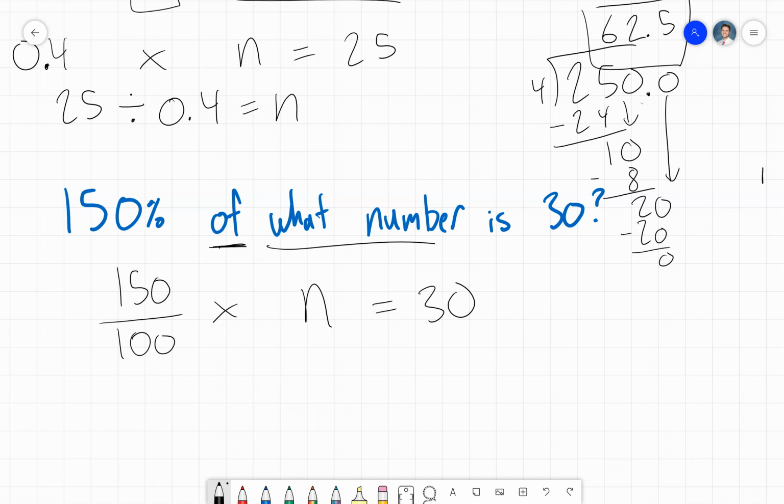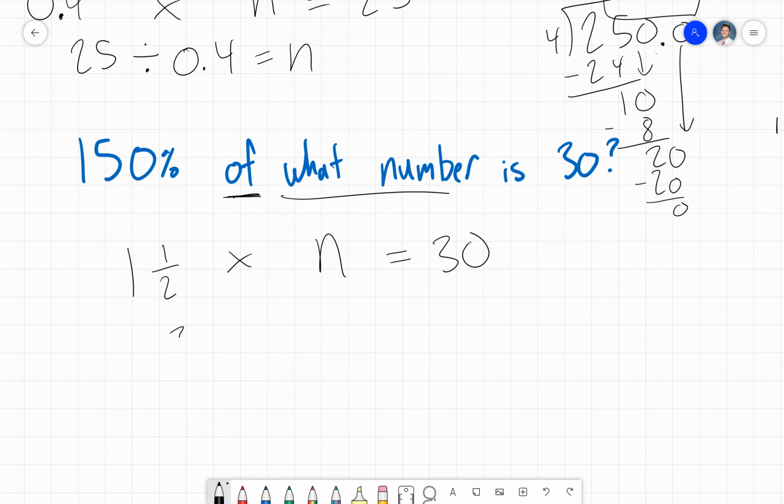Now we could rewrite 150 hundredths as 1 and 50 hundredths, which you could simplify to 1 and a half. Now actually, for the sake of this problem, it'll be easier to keep it as an improper fraction. So 1 and a half, we know as an improper fraction is 3 halves.